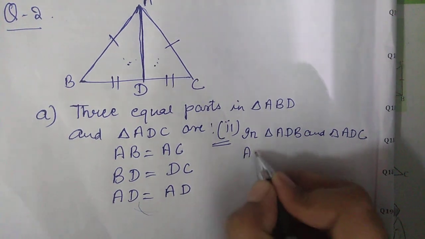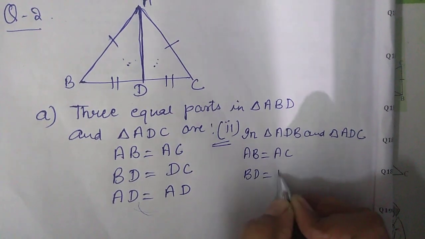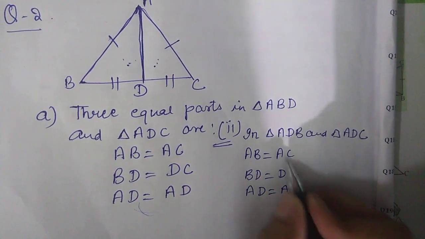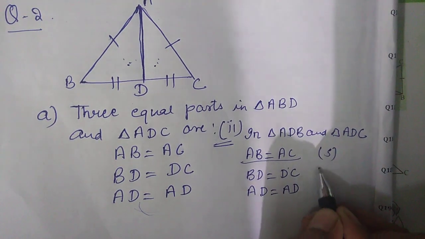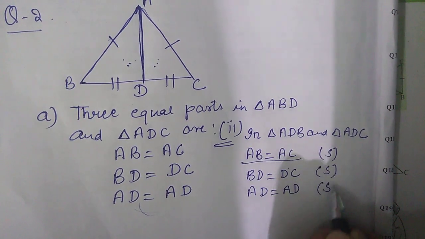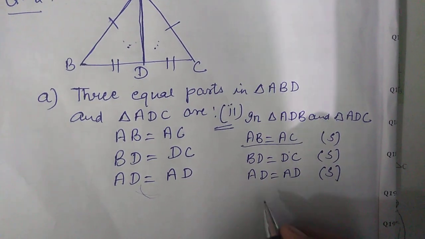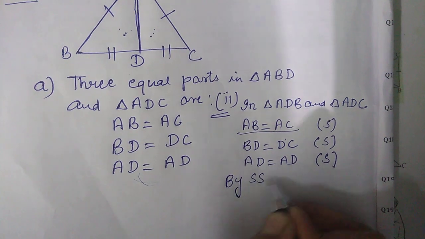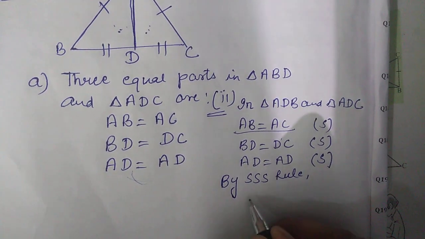Okay, AB is equal to AC, then BD is equal to DC, and then AD is equal to AD. So all the three sides are equal. This is representing one side, this is also representing one side, and this is also representing one side. So all the sides of one triangle are equal to all the sides of another triangle. So we can apply the SSS rule. They are congruent. Now write the names in symbolic form.